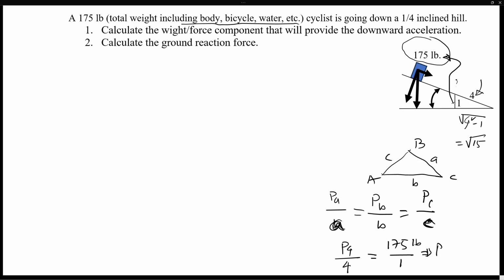If you do the calculation, this downward acceleration force comes to 700 pounds, which is ridiculous because there is no way you can develop this much force by just this 175 pounds. This is a huge amount of force. 700 pounds cannot come from that direction. So obviously there is some mistake we have made here.